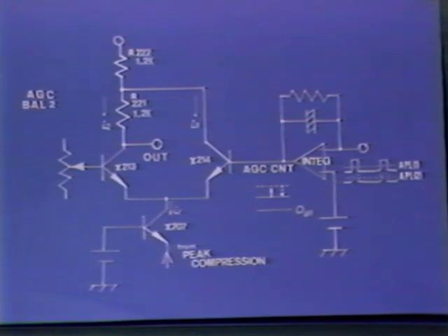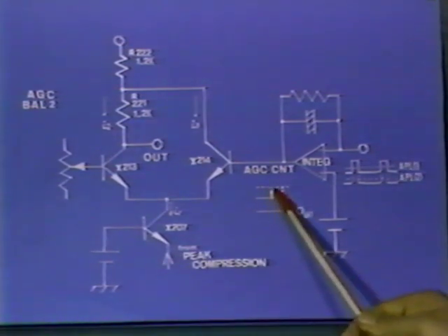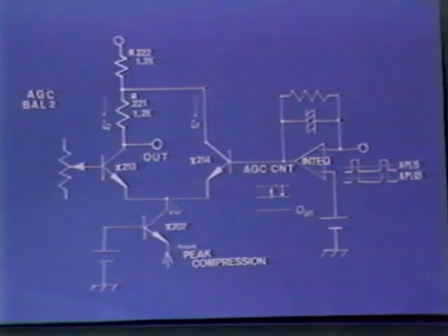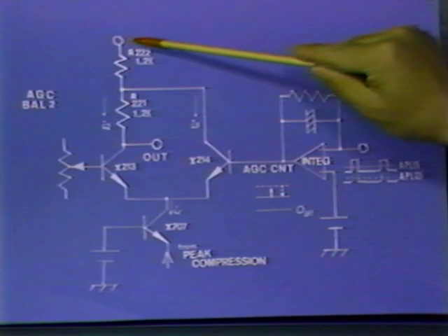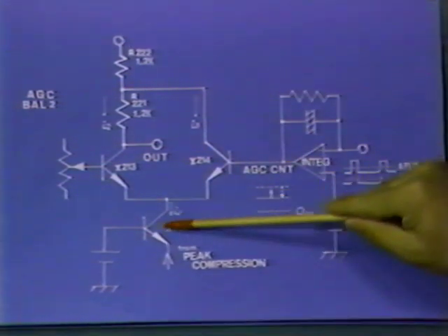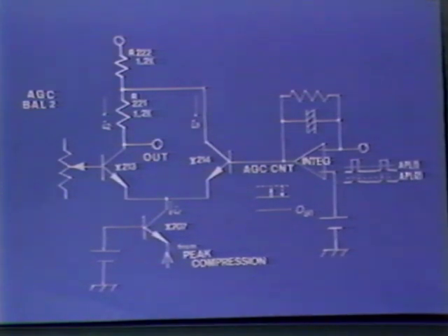The operational amplifier's output voltage gets high enough to make X214 on and X213 off. In this case, its AC load resistance becomes 1 kilo ohm of R222, that is, its total load resistance becomes 1/2, with its comparative gain being negative 6 decibels.